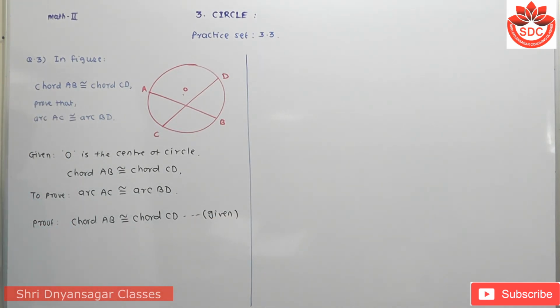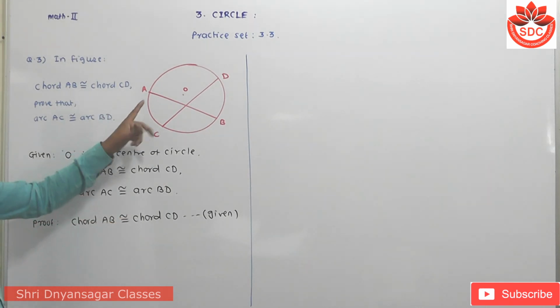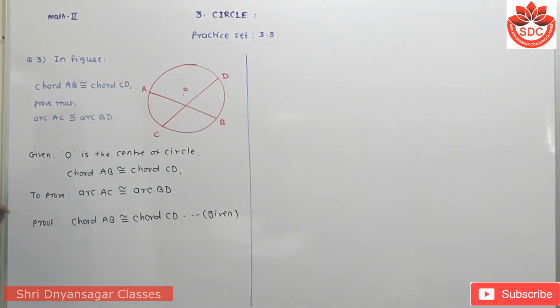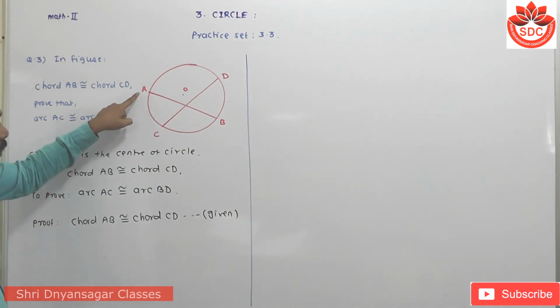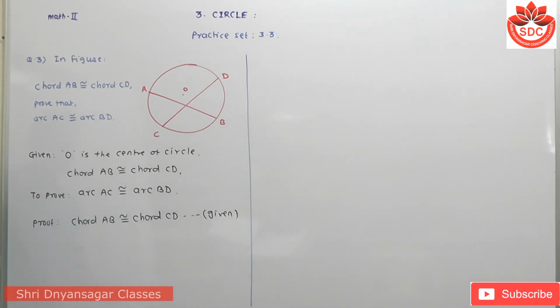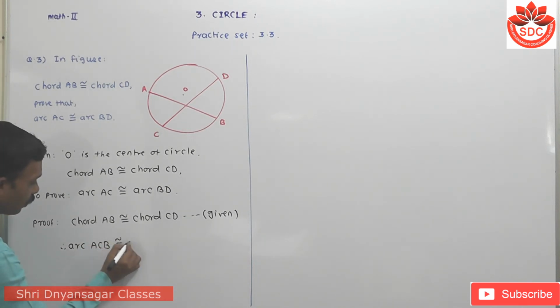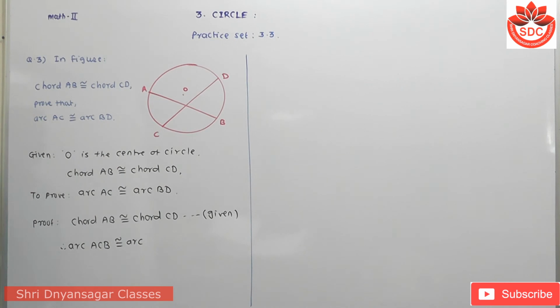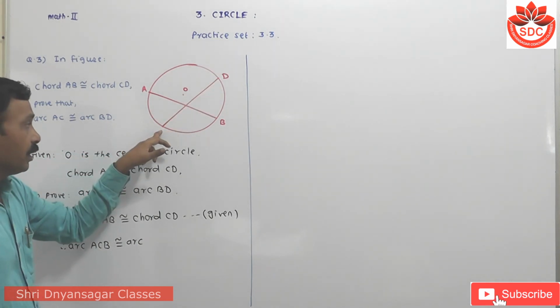Then, if the chords are congruent, then their corresponding arcs are also congruent. So which are the corresponding arcs? Arc ACB is also congruent with arc CBD, the corresponding arc of CD.